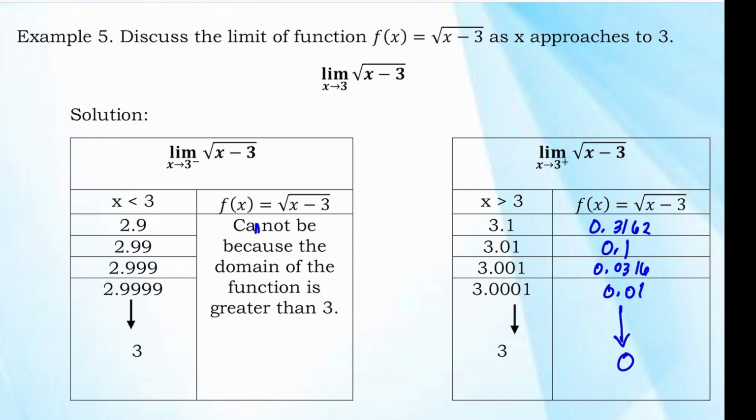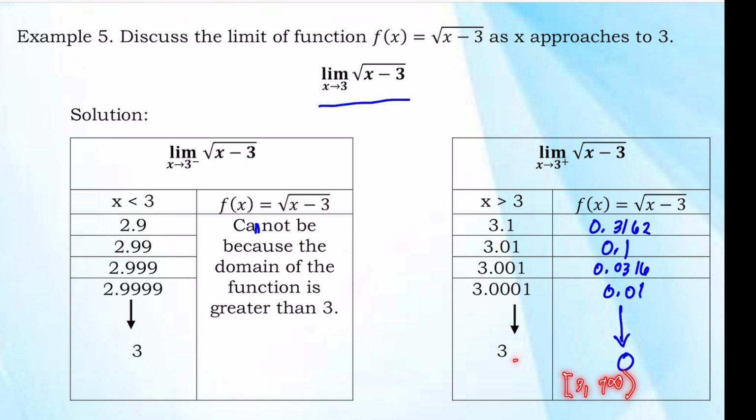So the limit of the square root of x minus 3 where x approaches 3 is a right-handed limit. The function is defined for all x in the interval from 3 to positive infinity.